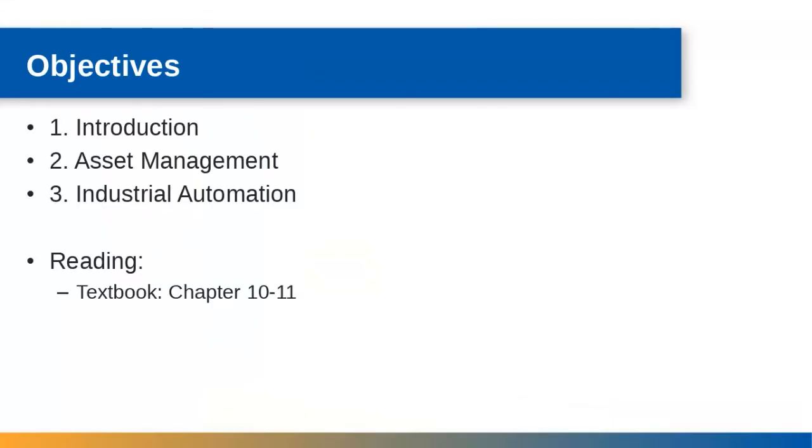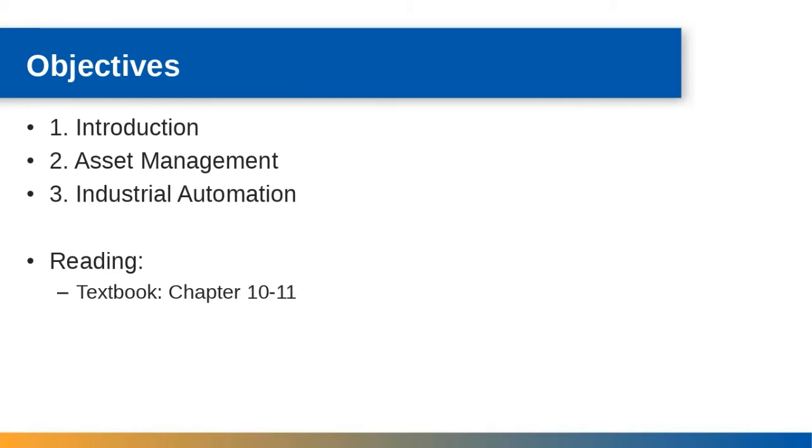With that being said, the objectives for this unit are quite straightforward. We'll have a brief introduction of the discussion today, and then we will look into asset management and industrial automation using Internet of Things.